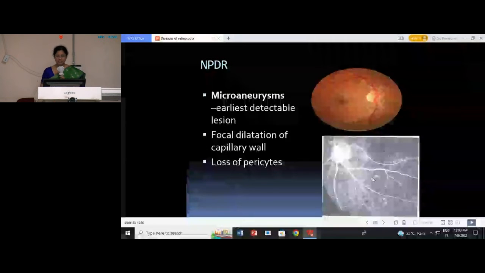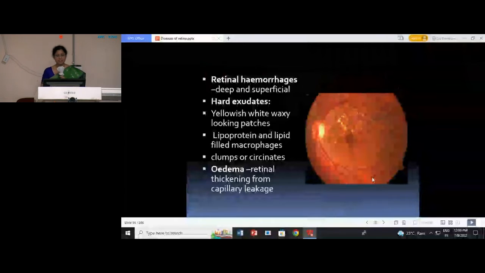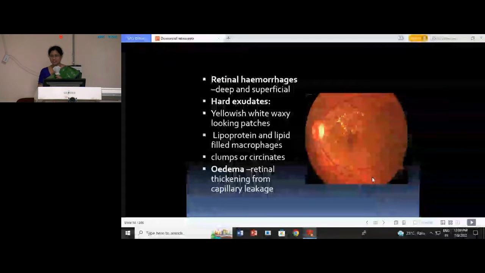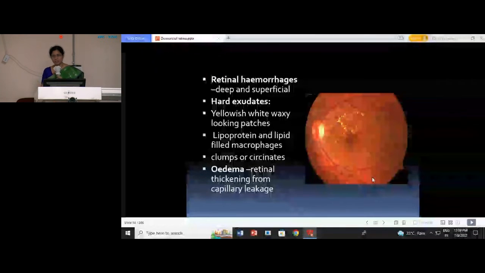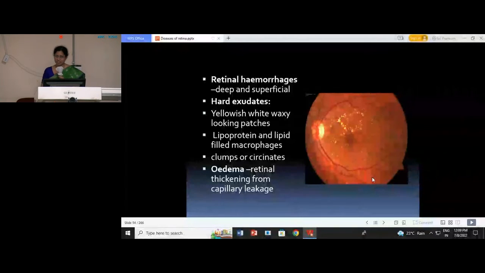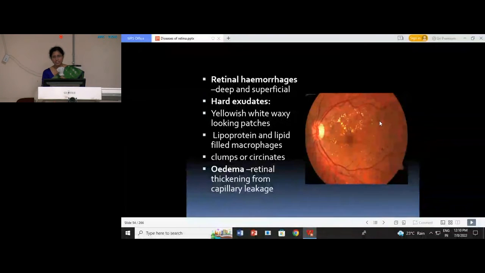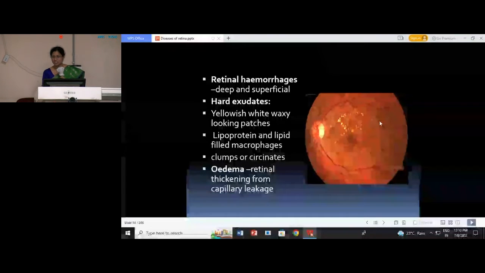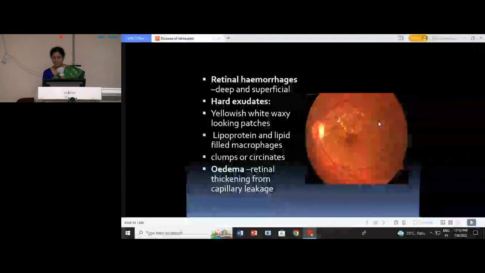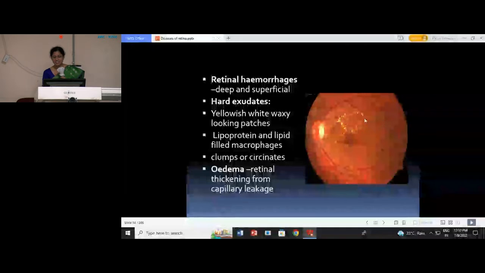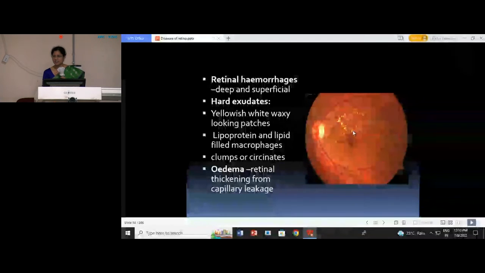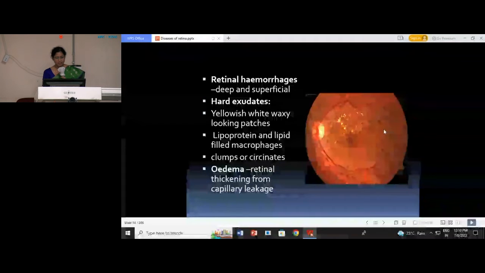So what are the other features? Like retinal hemorrhages. Deep hemorrhages are characteristic of diabetic retinopathy. Are you able to see these multiple small dot and blot hemorrhages? These are all the retinal hemorrhages. These yellow lesions are the hard exudates, which are lipoprotein and lipid-filled macrophages.